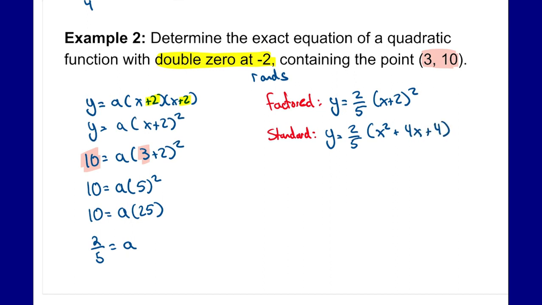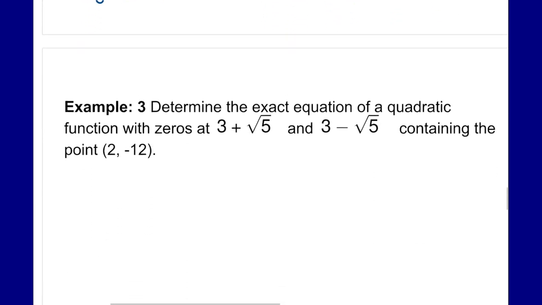I'm going to multiply my a value through. y equals 2 over 5 x squared plus 8 over 5 x plus 8 over 5. So that is the equation in standard form.